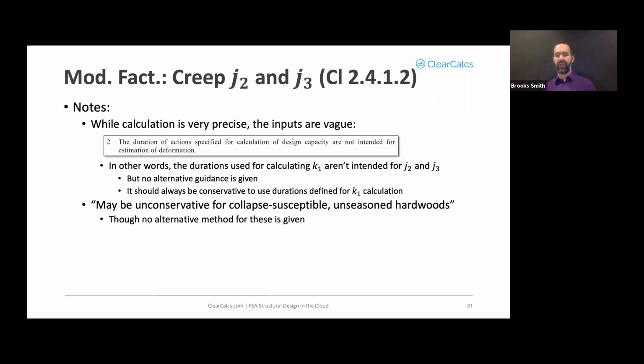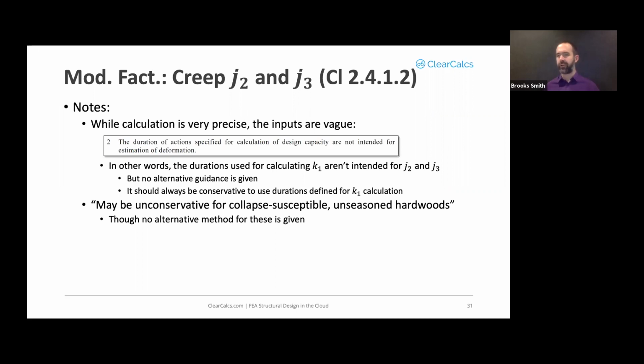The standard does also say twice in notes that it may be unconservative to calculate J2 and J3 per the procedure that they tell you for collapse susceptible unseasoned hardwoods. Collapse susceptible has to do with how much the timber will stretch before it fractures.